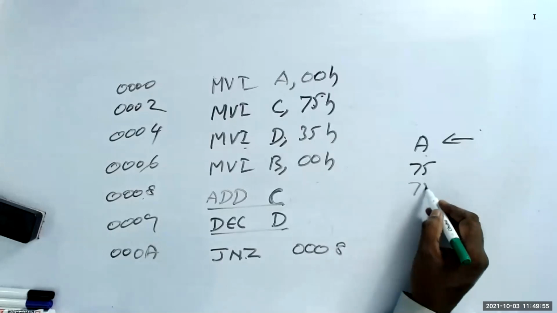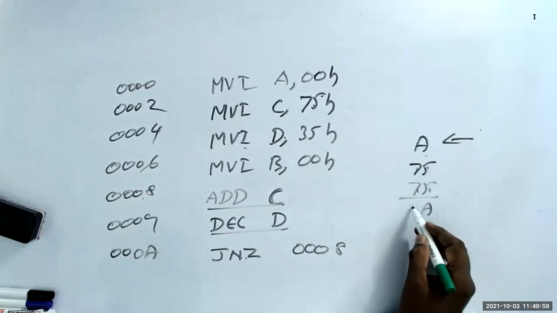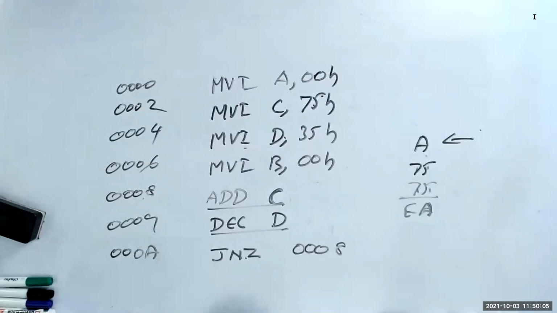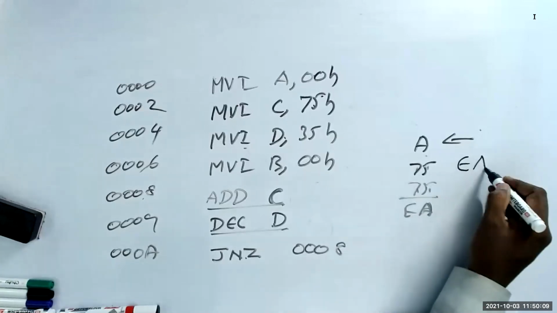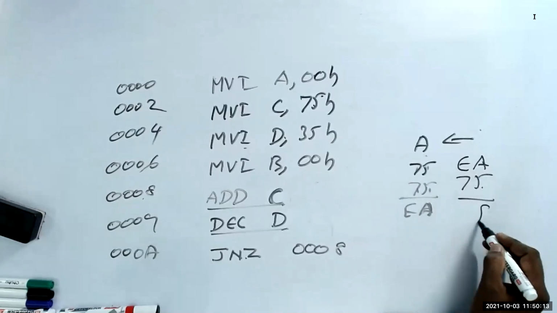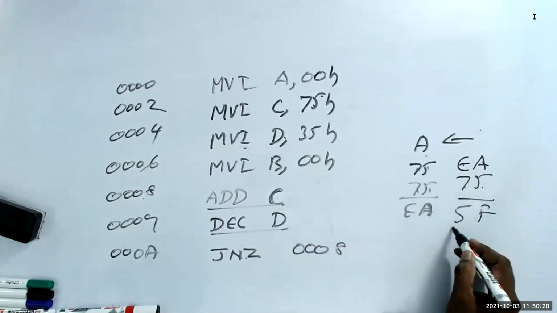Next time when it comes, it becomes 5 by A, 7 plus 11, 14 EA. That is fine. But when I am adding next time EA and 7, 5, 10 plus 5, F, 14 plus 7, 21, that becomes 5F. But you get the carry.